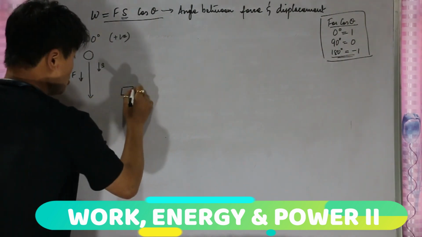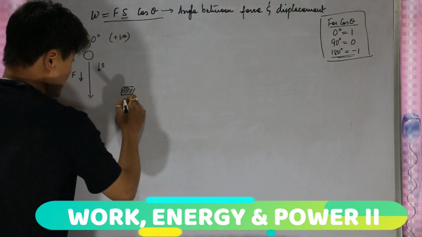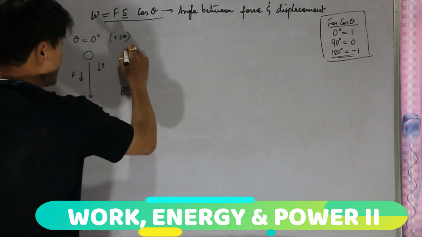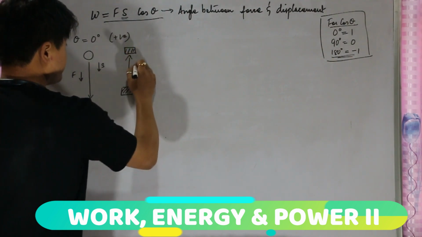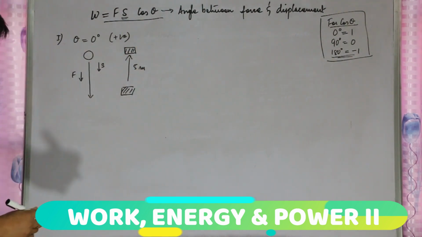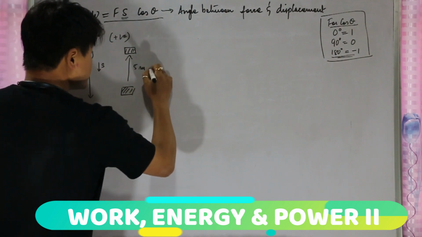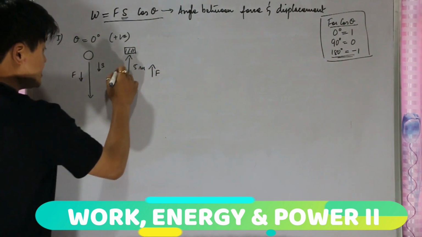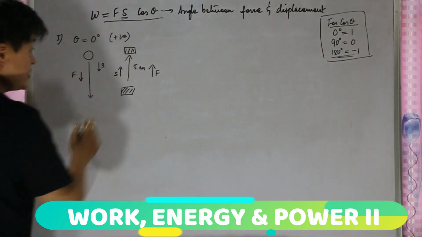If you have a load here and we try to lift this load to a height of 5 meters, we apply a force in the upward direction, and the displacement is also in the upward direction.